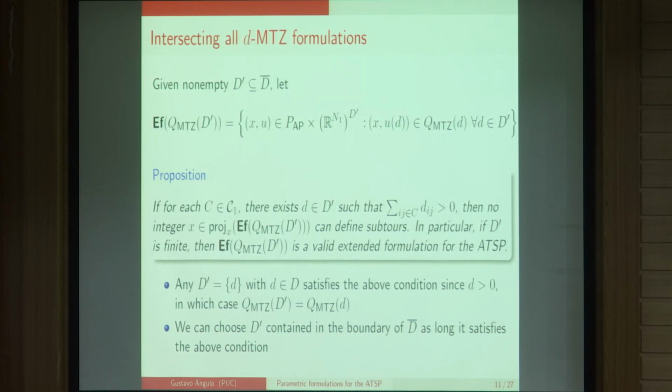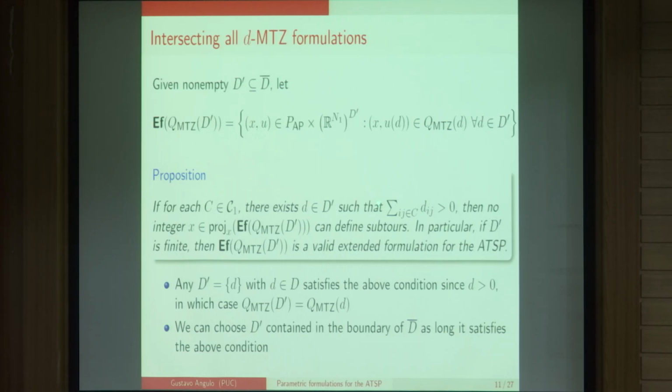We need different vectors u for different choices of parameter d. Okay? Well, in principle, we could have infinitely many vectors d here. So this could be an extended formulation with an infinite number of additional variables, which are functions in reality. Okay?